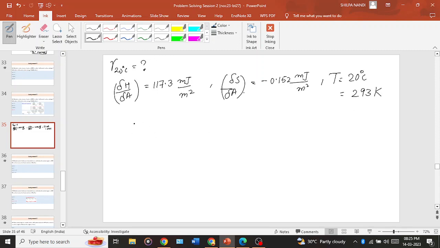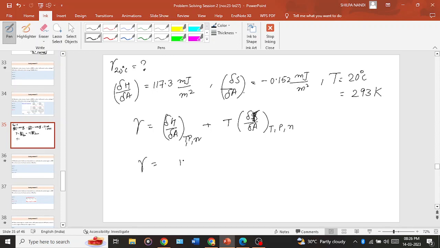Now you just need to put these values to get the gamma. So dH upon dA at constant T, P and N plus T dS upon dA, sorry, it is dS upon dA at T, P and N. You just need to put in the values.